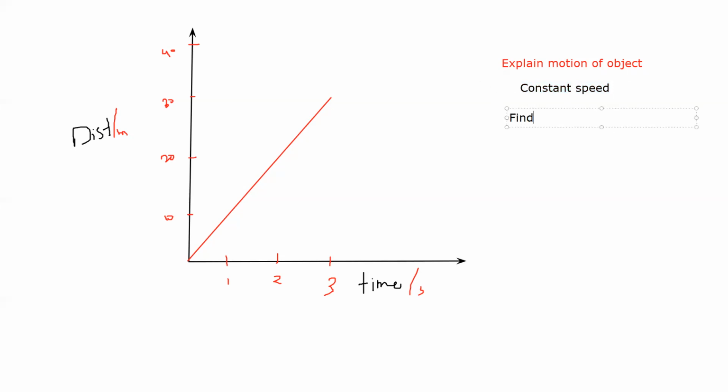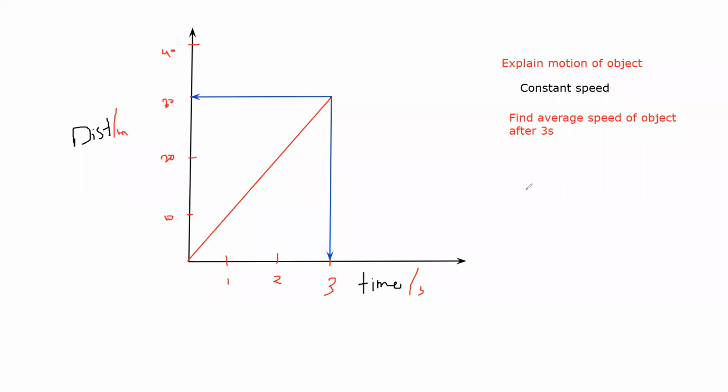Then find the speed, find the average speed of the object after 3 seconds. If you want the average speed, it is the total distance divided by total time. After 3 seconds, this object covered a distance of 30 meters.